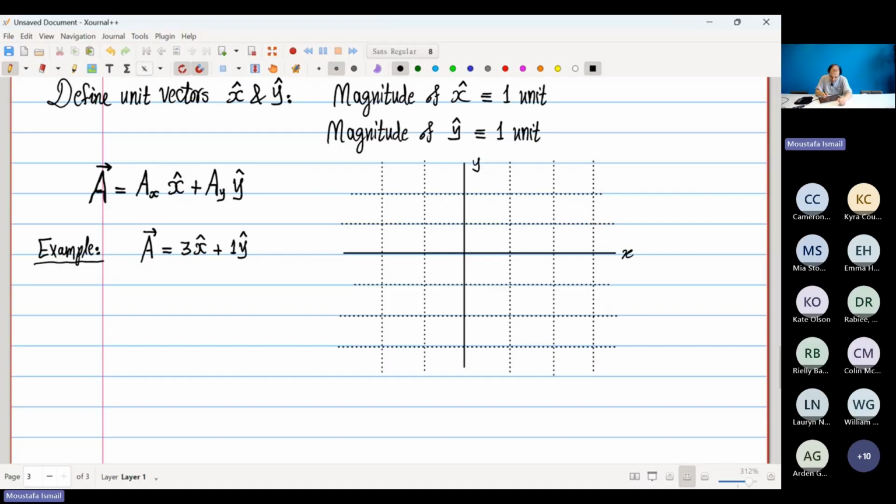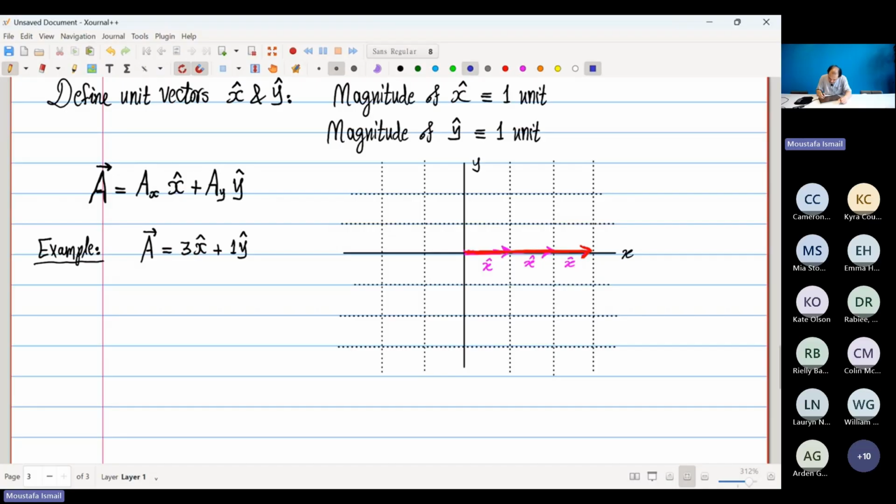Okay, so x hat is just a vector of unit length. So x hat is just one unit. If I have three of them, then I have x hat, x hat, x hat. So I have this full vector here as the component vector. This would be A sub x. And then I go one component of y hat.